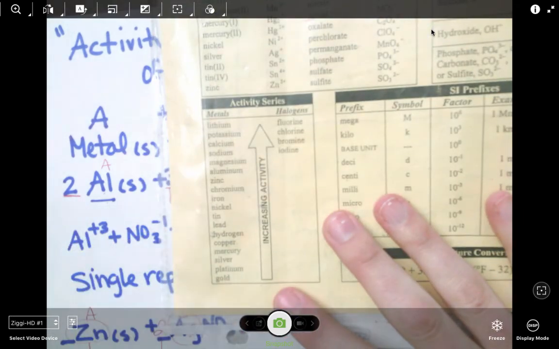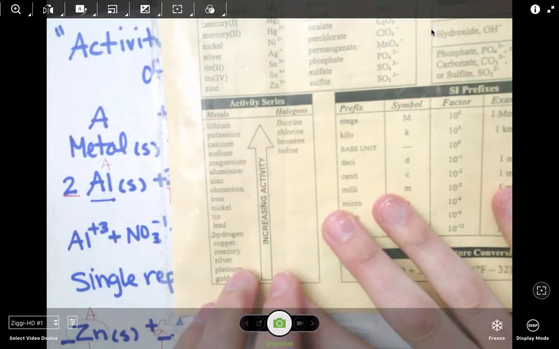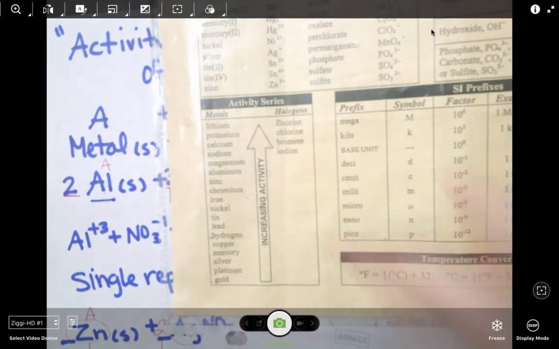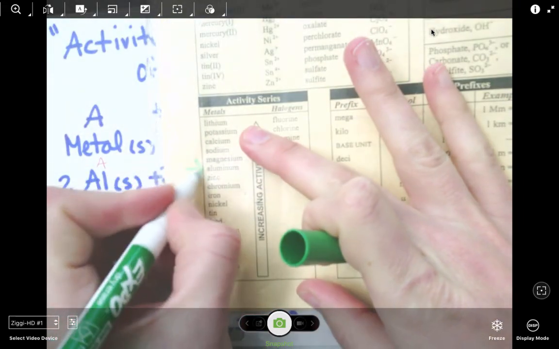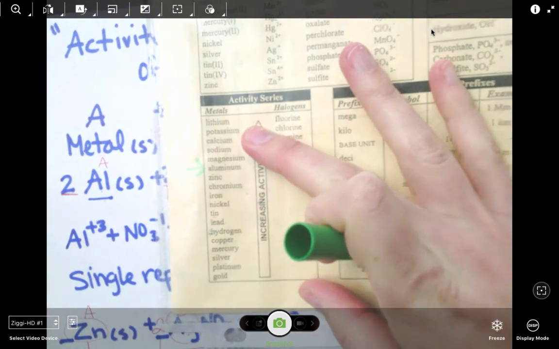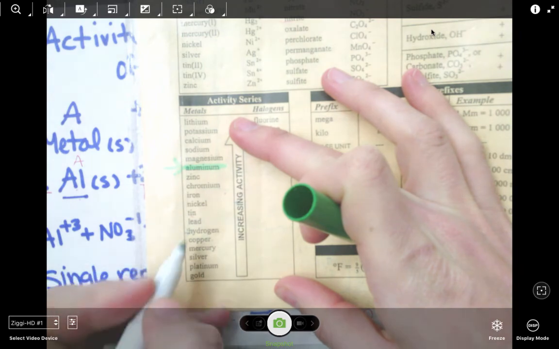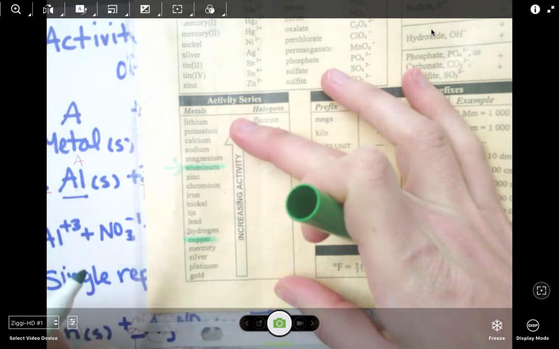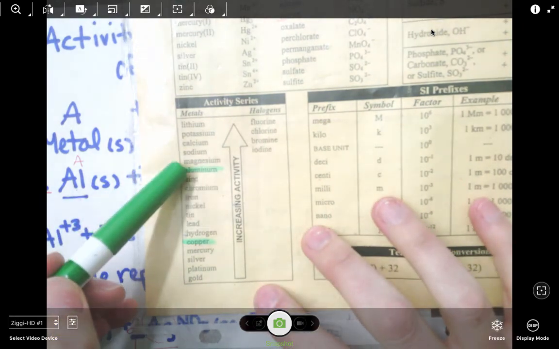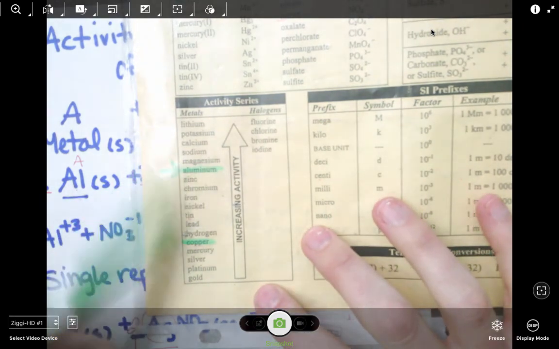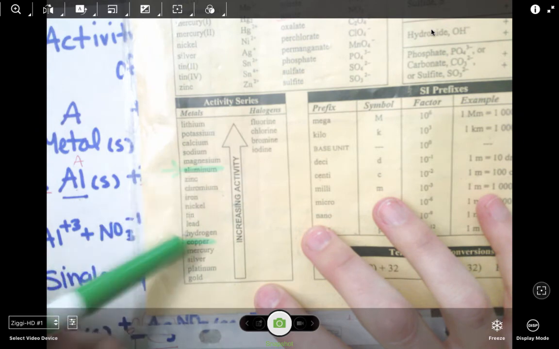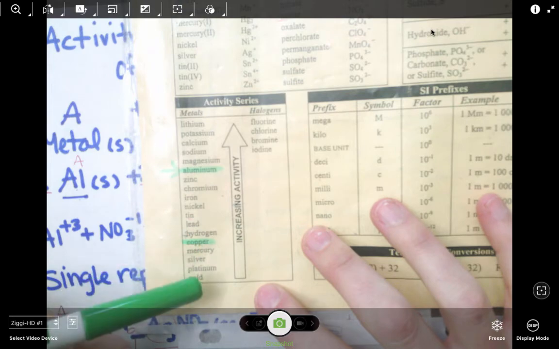On the activity series, the way that you would read this, aluminum is right here, and copper's down here. If the solid you put in to the aqueous solution is above the metal in the aqueous solution, then the reaction will take place. So let's write that out.